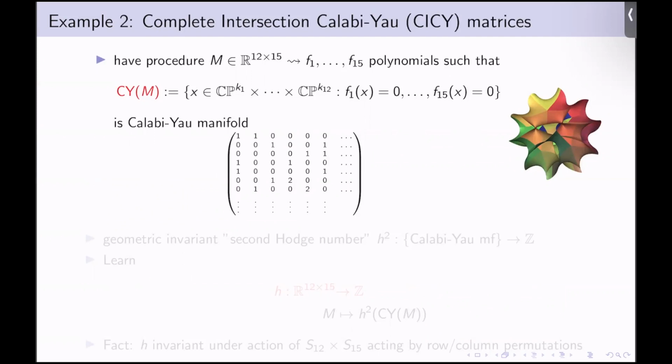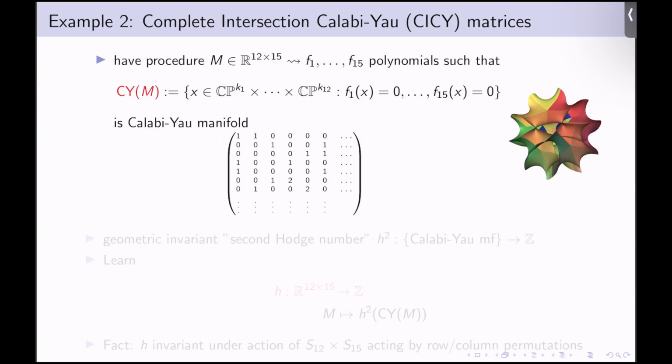Then if you have these 15 polynomials, you can write down the following subset of some complicated projective space, exactly the vanishing locus of all these polynomials. So the set where f1 of x equals 0 up to f15 of x equals 0.